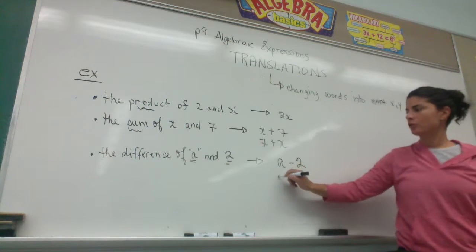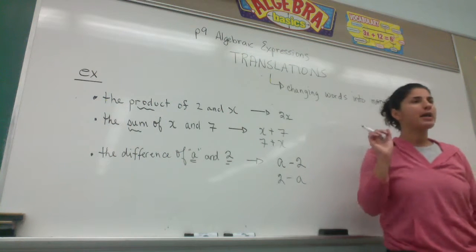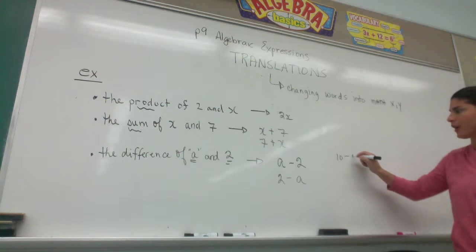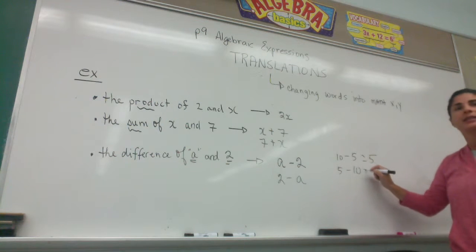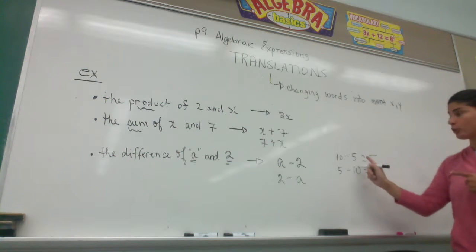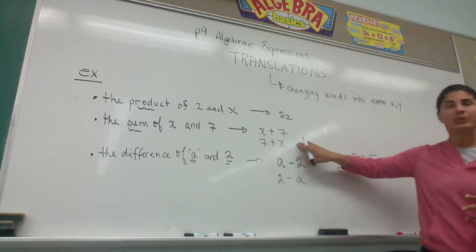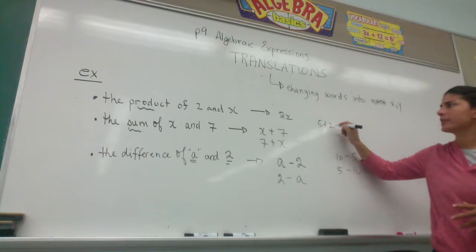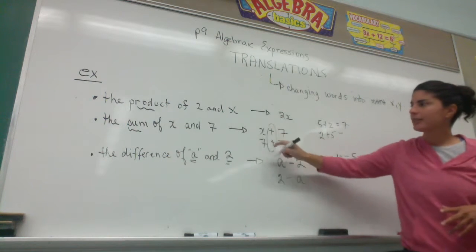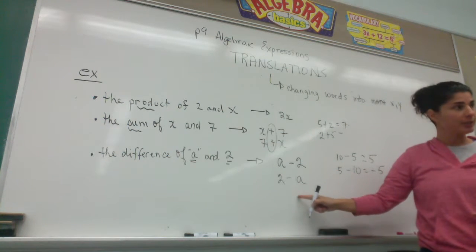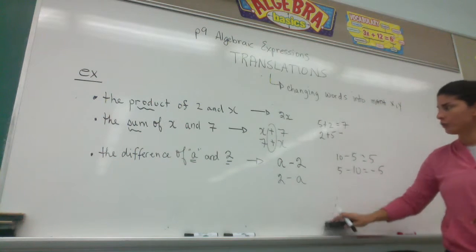Am I allowed to do 2 minus A? No. Why? Because 10 minus 5 is equal to 5, but 5 minus 10 is equal to negative 5. So switching the order will make it wrong. Whereas in plus, 5 plus 2 is 7, and so is 2 plus 5. So in addition, it doesn't matter the order, but it sure does matter with subtraction. So be careful. Whatever it says first, you write first.